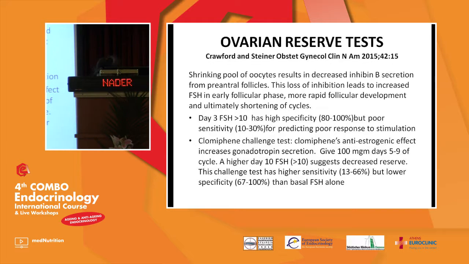The clomiphene challenge test, and I forgot to mention, we give 100 milligrams for 5 days. A higher day 10 FSH after the clomiphene suggests decreased reserve, as I've said, and this challenge test has a higher sensitivity but a lower specificity. Well, what do we have to say about all this, all these years later?